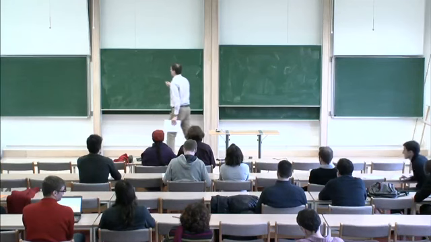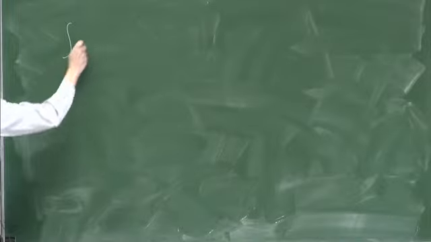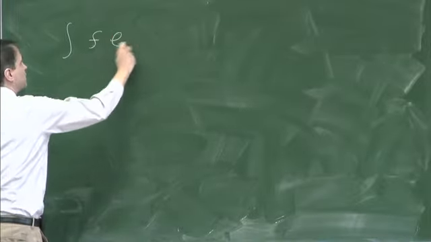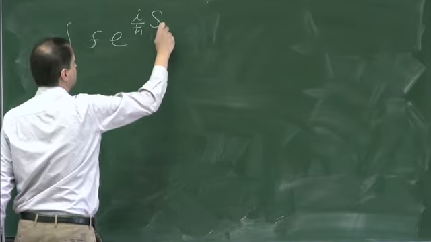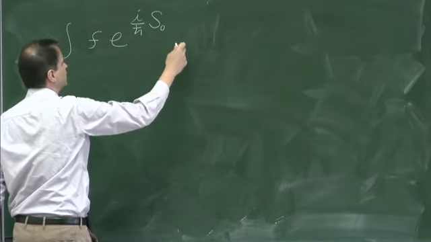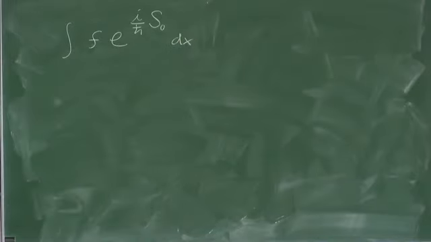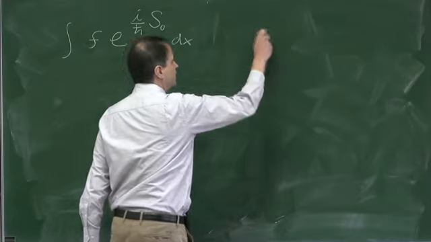So in general, the kind of problem one is considering is these oscillating integrals, f, some function, times exponential of i over h bar S0, some function S0, and you integrate over some space. And so the question is how this behaves asymptotically for h bar going to 0.